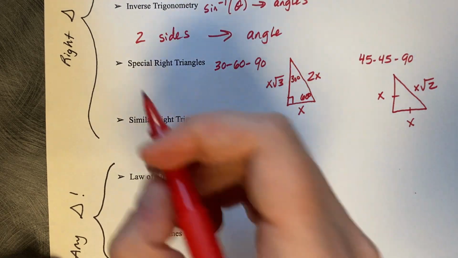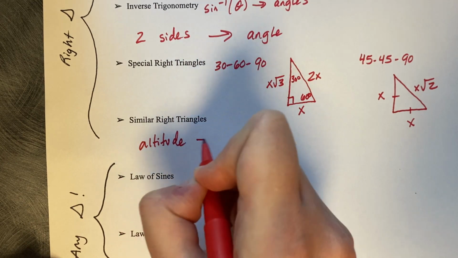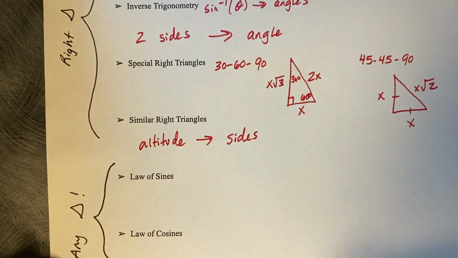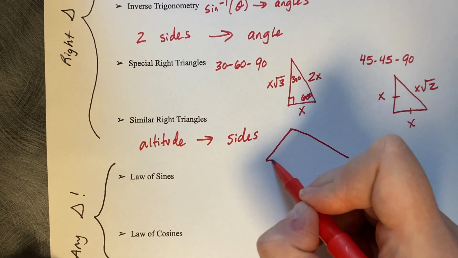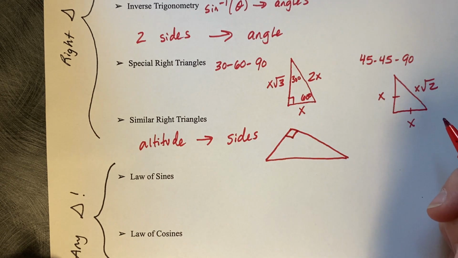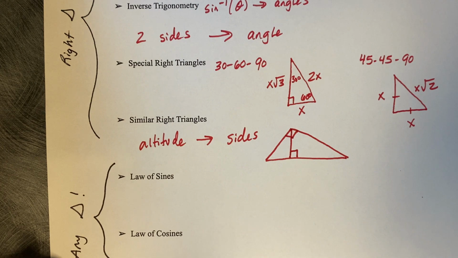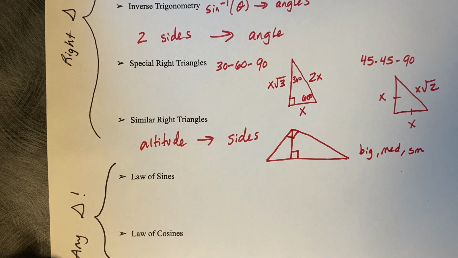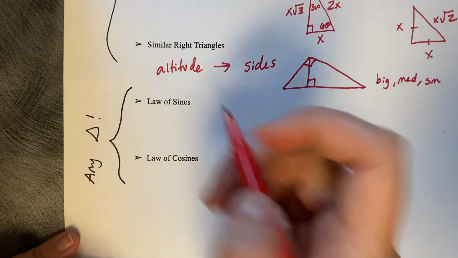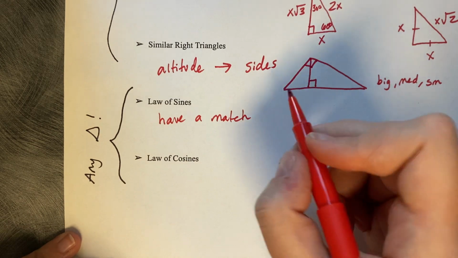Similar right triangles is when you have an altitude and you want sides. So that's one that looks like this. So this overall triangle is right, and it's got an altitude. This is the big, medium, small. All right, law of sines is when you have a match between a side and an angle.